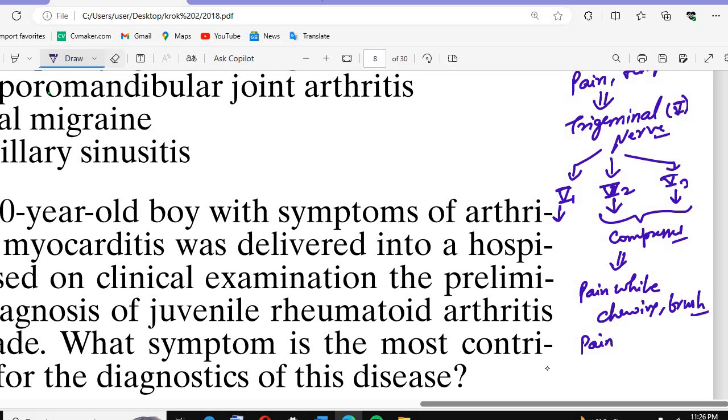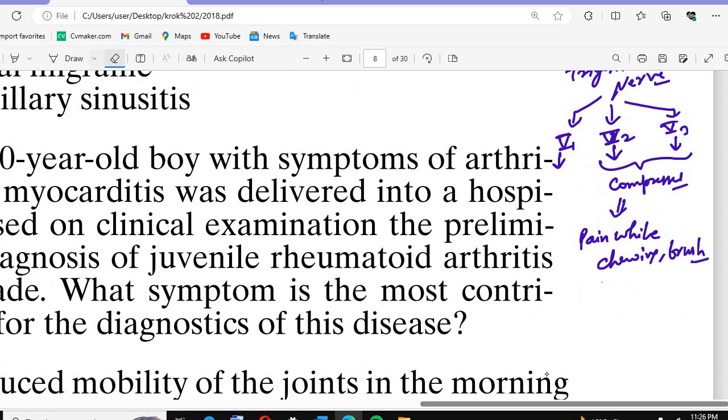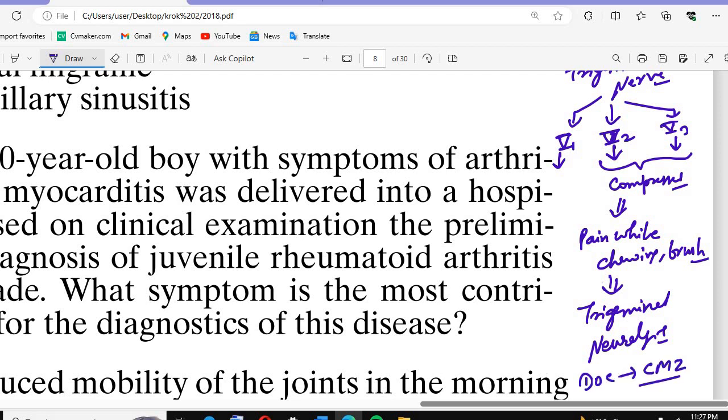At that time we see the pain, and this pain is known as trigeminal neuralgia. We call this pain trigeminal neuralgia. And what is the treatment for this condition? The drug of choice will be carbamazepine. Carbamazepine will be the answer, which is a sodium channel blocker.